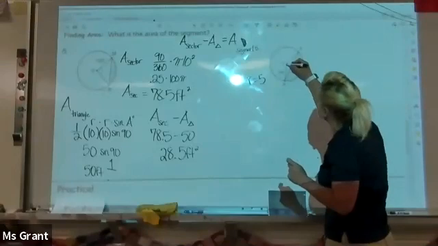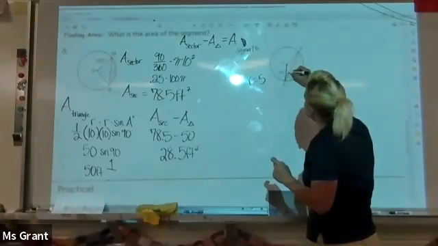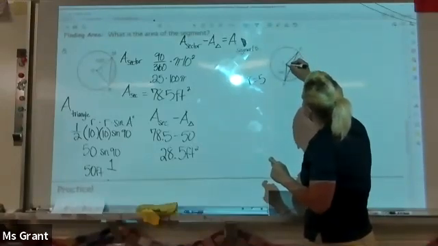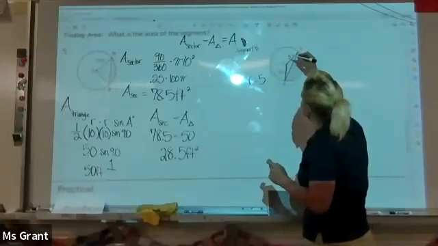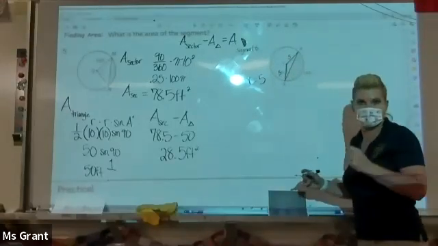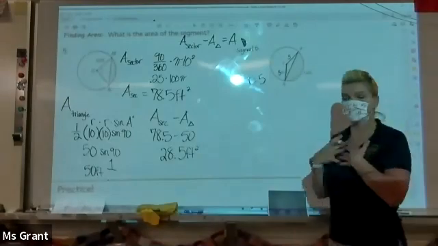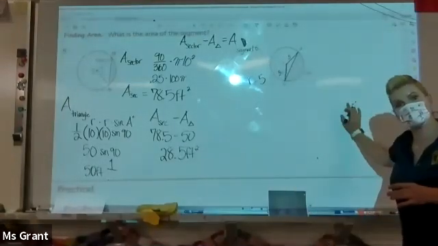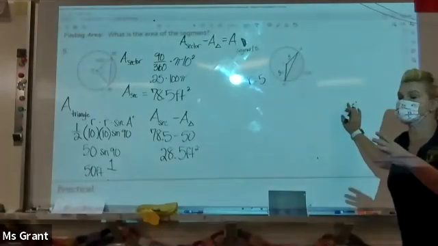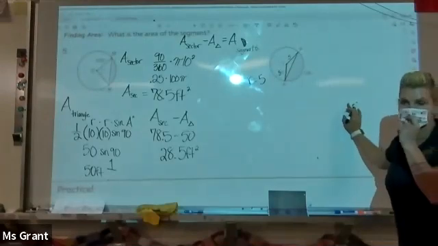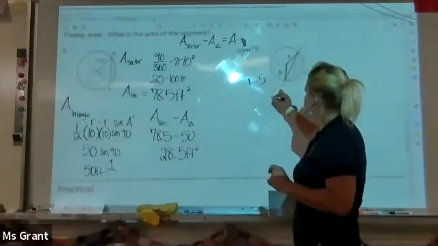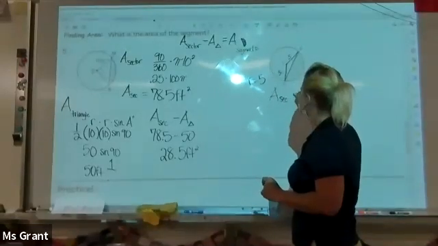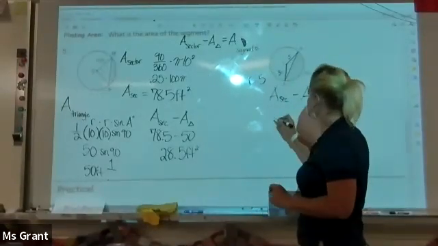This triangle right here has a 144 degree measure, and it's 5 and 5 on each side. I would actually like right now to write the whole thing out with a subtraction problem in it. So it's the area of the sector minus the area of the triangle.